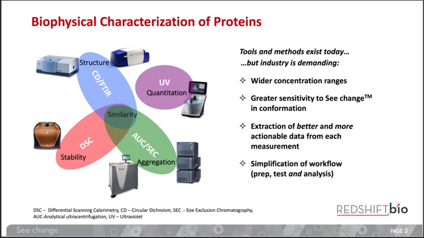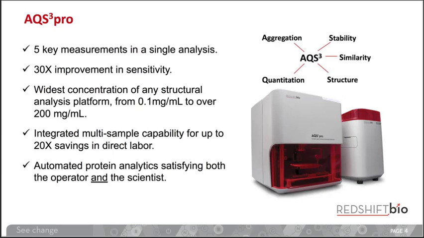But industry is never one to sit still, demanding the ability to measure over wider concentration ranges, to have greater sensitivity to see smaller and smaller changes, the extraction of better and more usable or actionable data with each measurement. All this in addition to demand for simplifying the workflow, not just in prep and test, but also in analysis. So we developed the AQS3 Pro to address these needs.